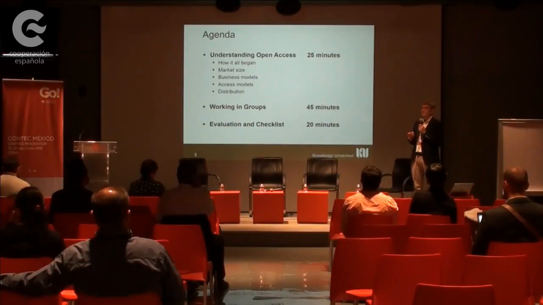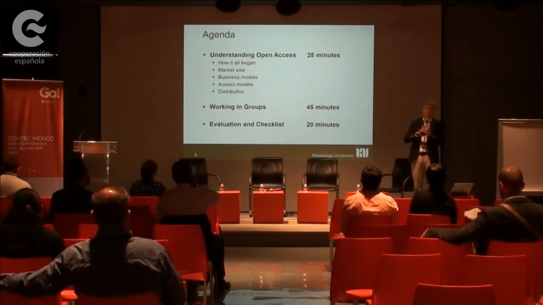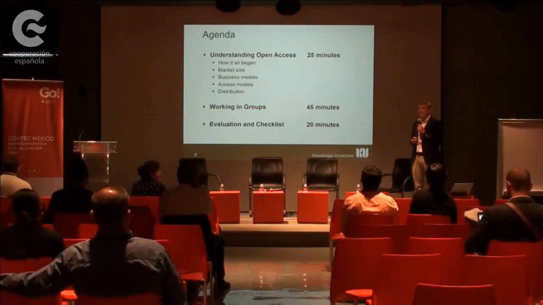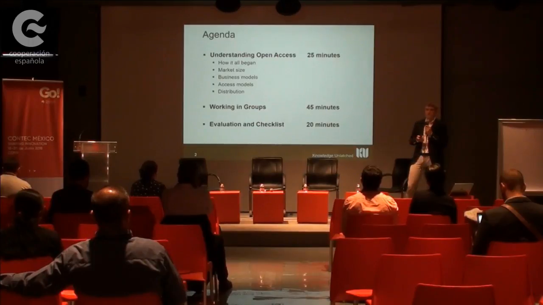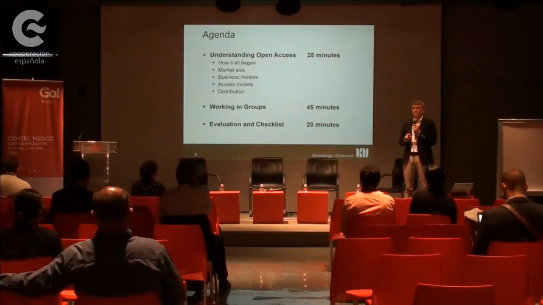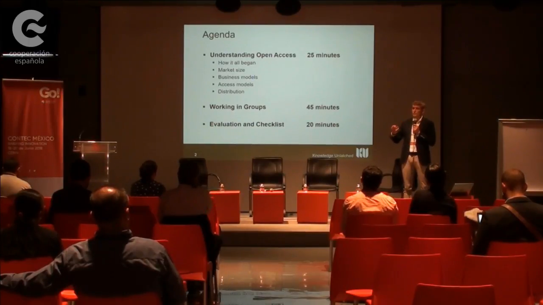And then you can find a little bit of the insight, what is important to me, what is important for other players in the OA environment, and how we're going to proceed with that. And afterwards, to the end, we want to do a little checklist and a little evaluation of what you as a publisher might need and what is good for your future planning to have a sustainable model rolling.